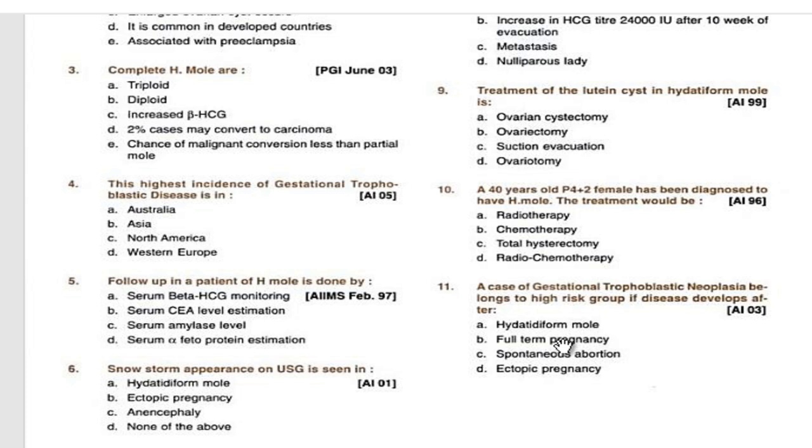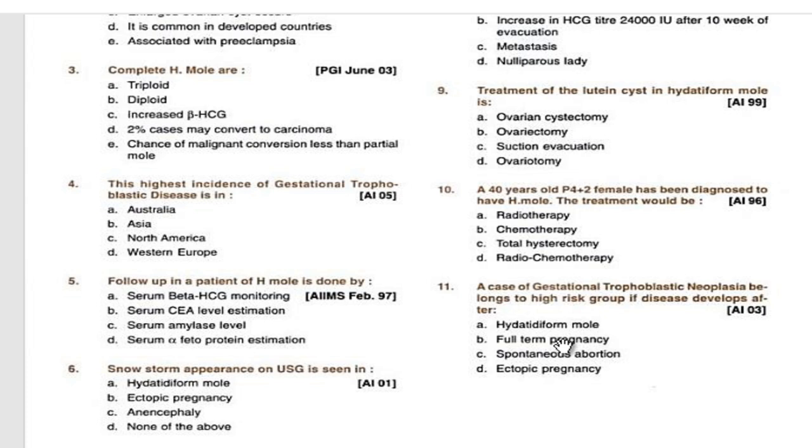If a lady develops a trophoblastic disease after a full-term pregnancy, she's in a high-risk category. And if there's a delay of 12 months between her pregnancy and the start of chemotherapy, that's a high risk.